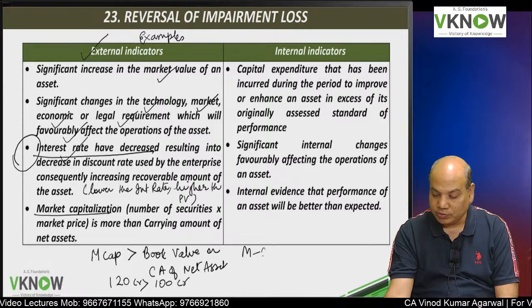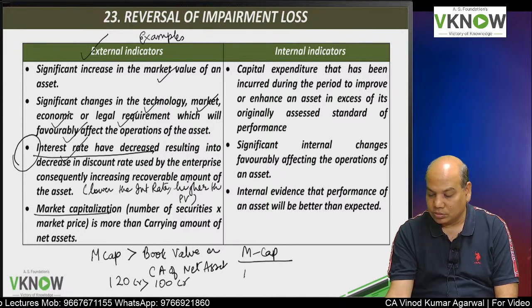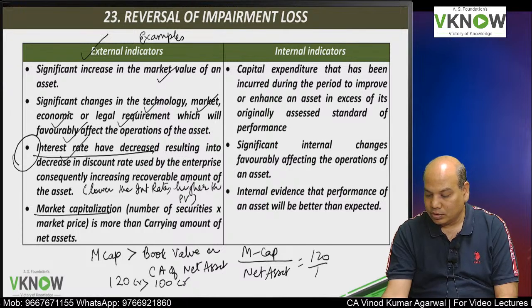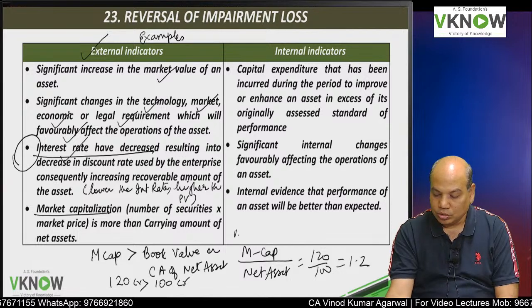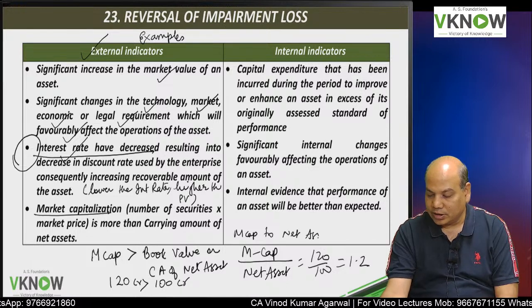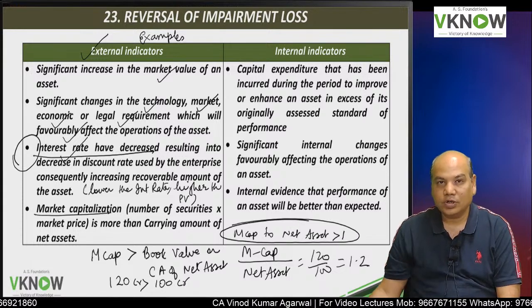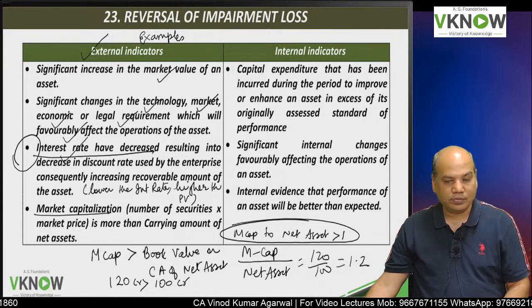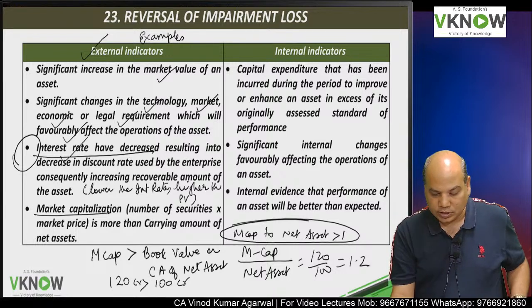So the ratio between market capitalization and net asset is more than 1. If this ratio is greater than 1, it is an indication of reversal of impairment loss.